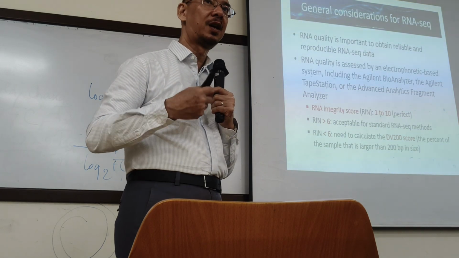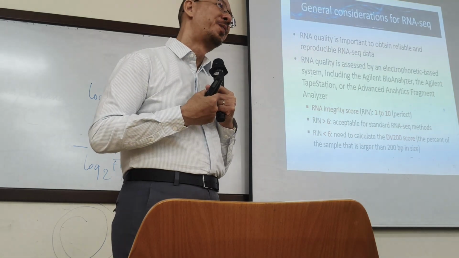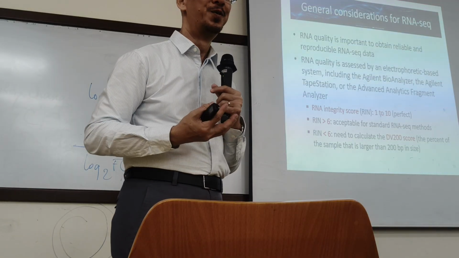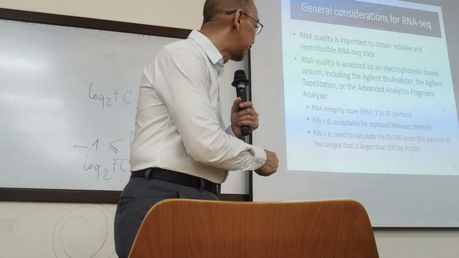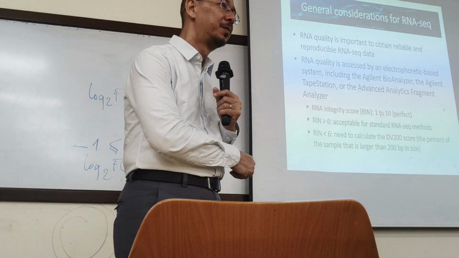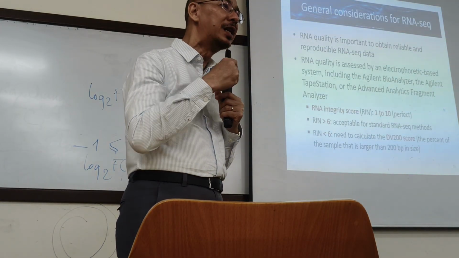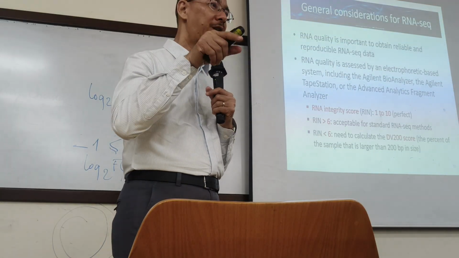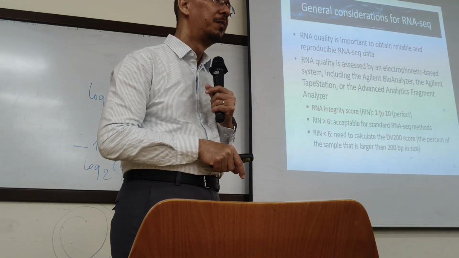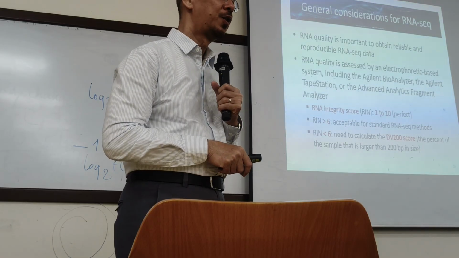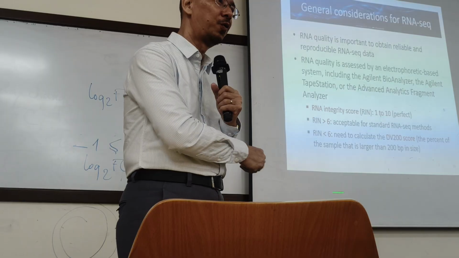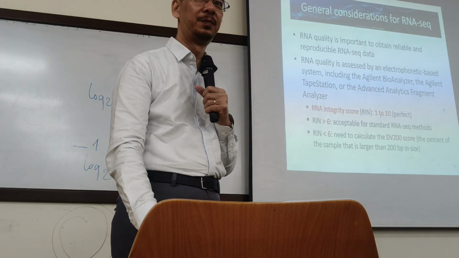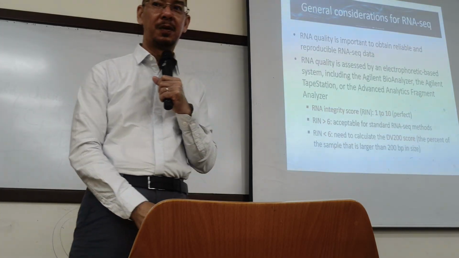So that's why sometimes we need to take risk. Otherwise, no data. Normally, high RIN is very good, but it depends on the organism you study. Not always rely on this value. Okay, stop here, 15 minutes break.